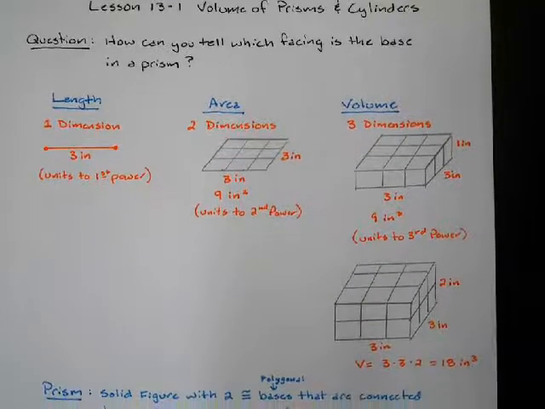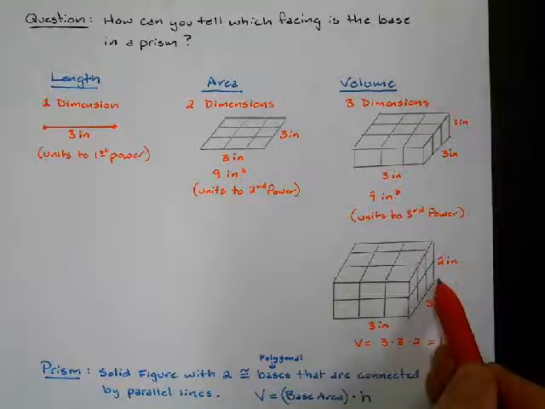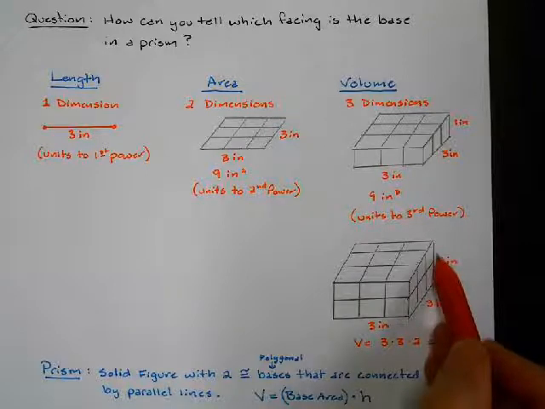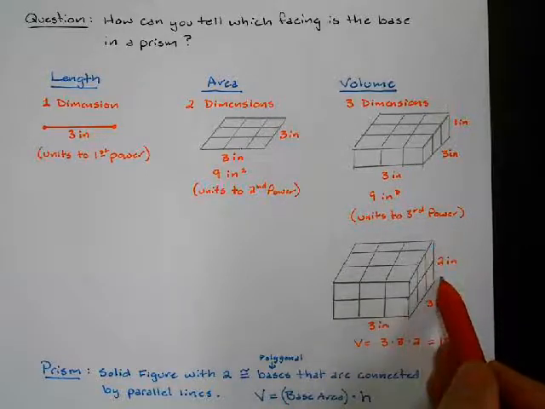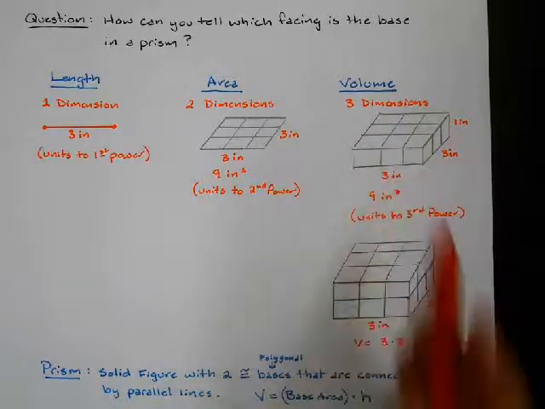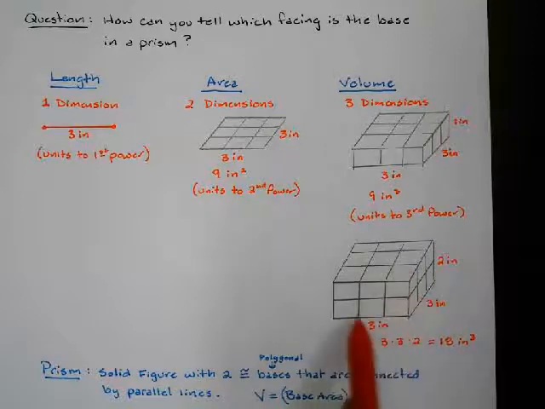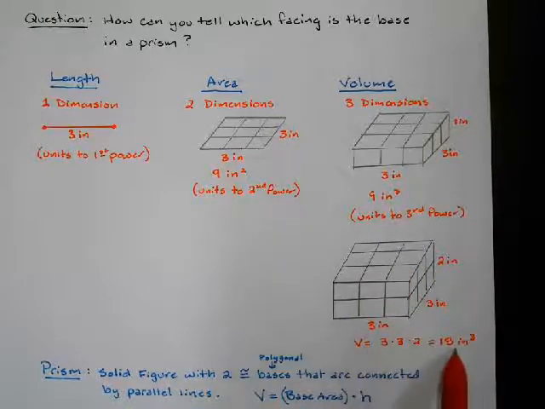Now if I change this problem slightly so that I stack another row of cubes on top, my height now becomes 2 over here. So now instead of having 9 cubes like I had before, I've got 9 cubes plus another row of 9 cubes, so I'd have 18 cubes.